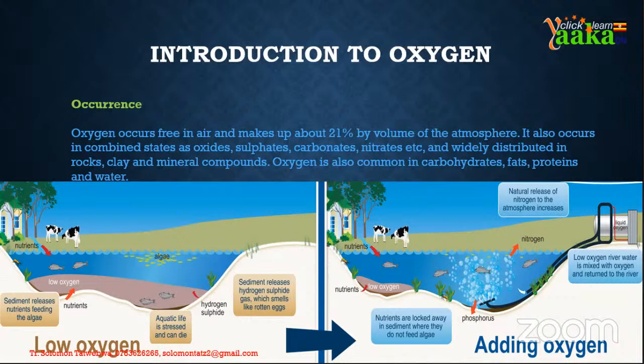Okay. So we're going to look at oxygen, and what do you know about the use of oxygen in human beings? Oxygen combines with hemoglobin to produce oxyhemoglobin that helps with transference of energy in the body.